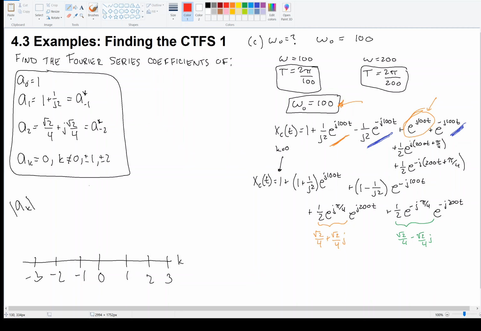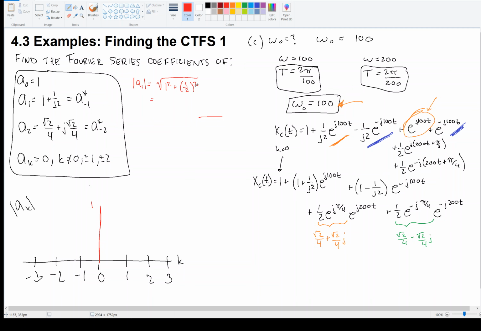So what's the magnitude of 1? Well, that's 1. All right, A1. So this is where k equals 1. What's the magnitude of 1 plus 1 over j2? Well, the magnitude of A1 is the square root of 1 squared plus 1/2 squared.